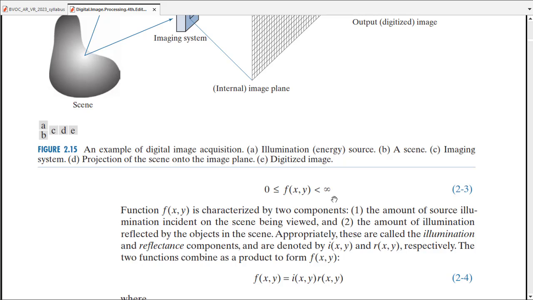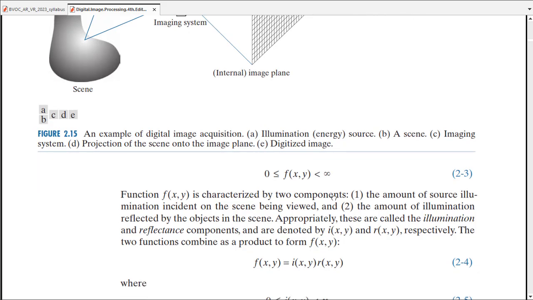and less than infinity. There are two components: first, the amount of source illumination incident on the scene being viewed, and second, the amount of illumination reflected by the object in the scene. Appropriately, these are called the illumination and reflectance components, denoted by i of x comma y and r of x comma y respectively.